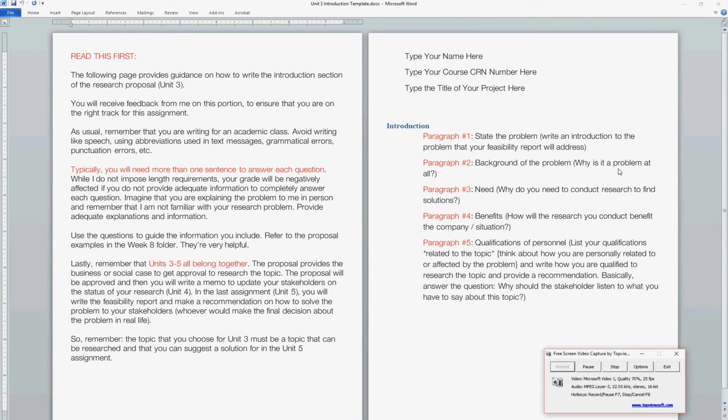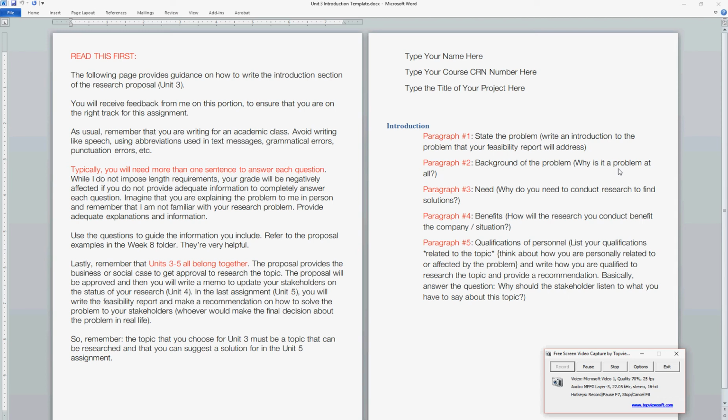So we want to know, could you possibly save money? Could we possibly have a better or lower impact on the environment, if you're going to write about why the company should put recycling bins in the break room, or whatever your topic is? But think about what the benefits are.